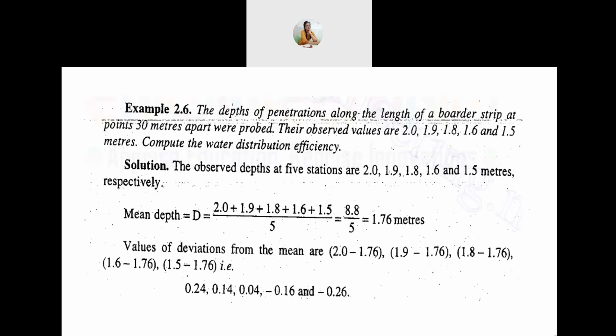Similarly, observed depth 1.9 minus mean depth 1.76, then 1.8 minus 1.76, 1.6 minus 1.76, 1.5 minus 1.76, and by subtracting these values we found the answers as 0.24, 0.14, 0.04, minus 0.16 and minus 0.26.